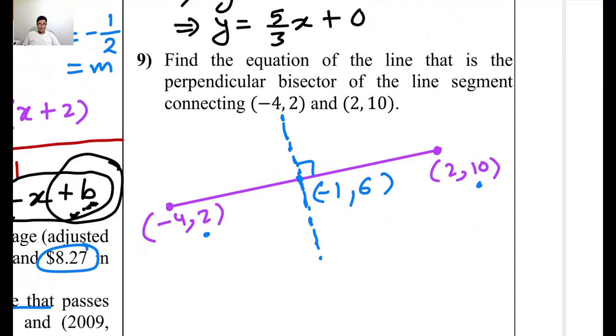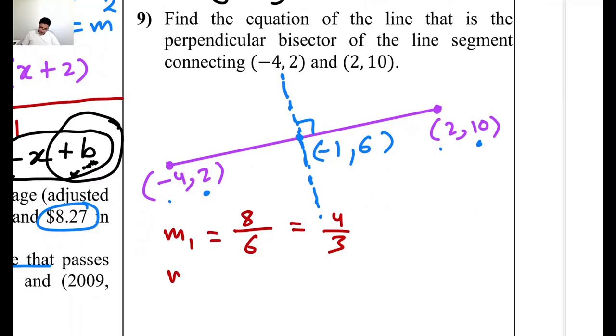Now I spoke the calculation. Please write it for your understanding if you need. x1 plus x2 divided by 2, y1 plus y2 divided by 2. And what about the slope? First, we need to compute the slope of the given line, which will be 10 minus 2, 8, divided by 2 minus 4, which will be 2 plus 4, that is 6. That will be 4 over 3.